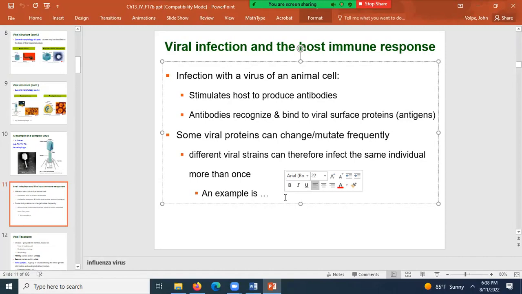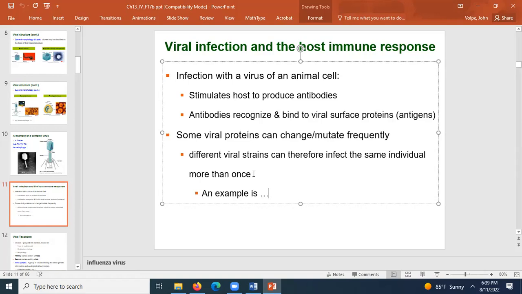COVID. Yeah, COVID-19 is a good example, where the virus changes, mutating, and then the virus can be different, and our immune response will no longer at least respond well, and so you can be infected a second time. And I know people have been infected at least 3 times. I imagine there's been some even 4 times, but I don't know of any cases.